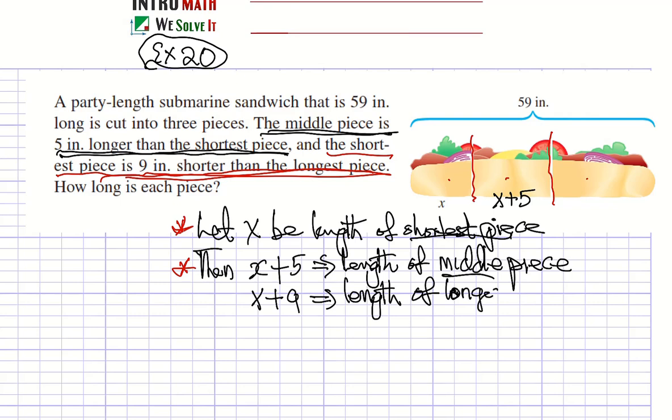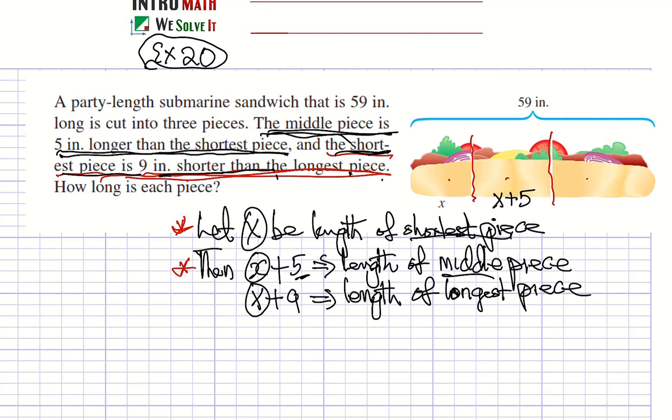I will explain it to you. He says the shortest piece is 9 inches shorter than the longest piece. That means the longest piece is 9 inches longer than the shortest piece, because this is the shortest piece here. So the second part says the middle piece is 5 inches longer, and that would be that. And the shortest piece is here.